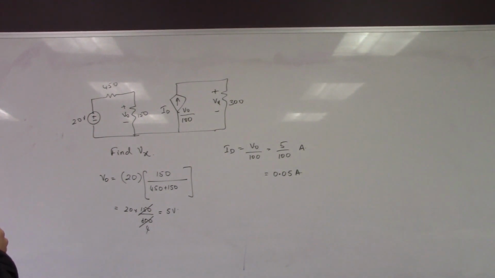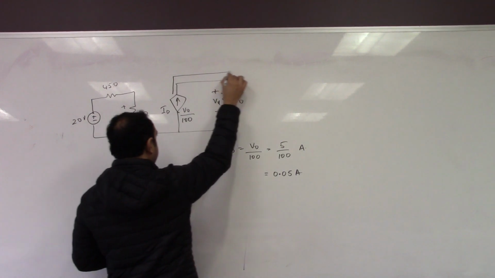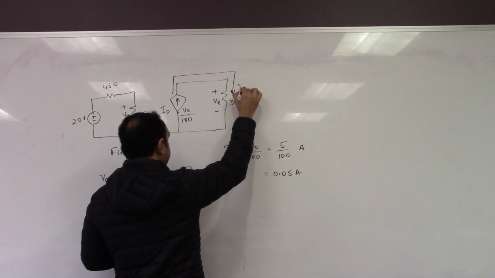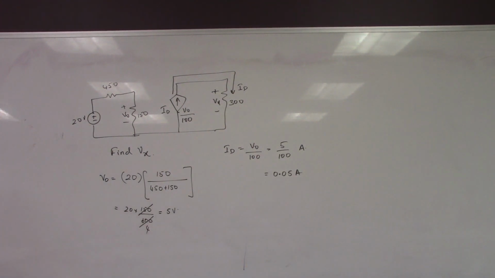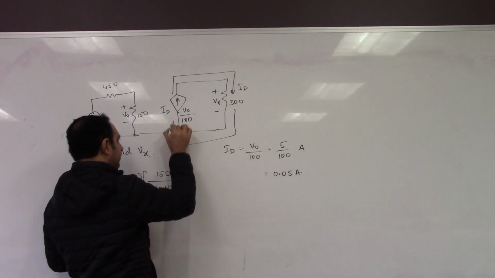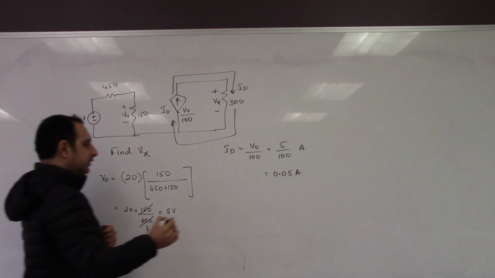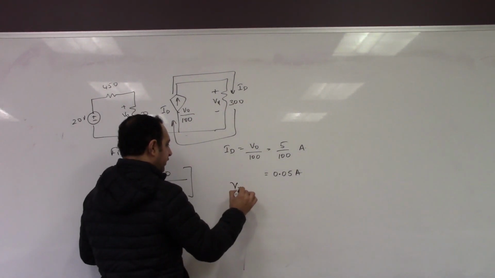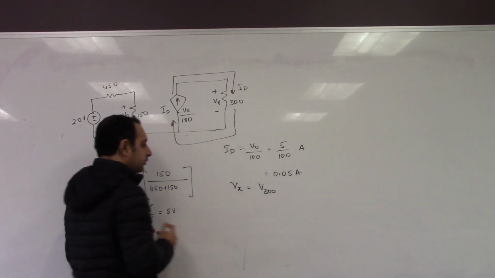So ID that leaves this terminal will go down through the 300 ohms. It'll go around and come back from here. If you want to find Vx, Vx is nothing but the voltage across the 300 ohms.